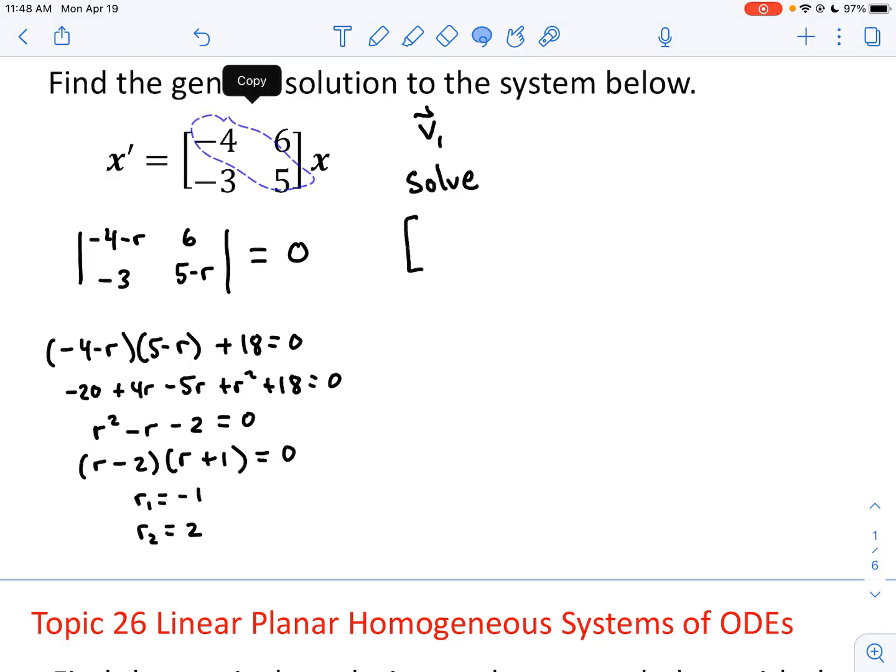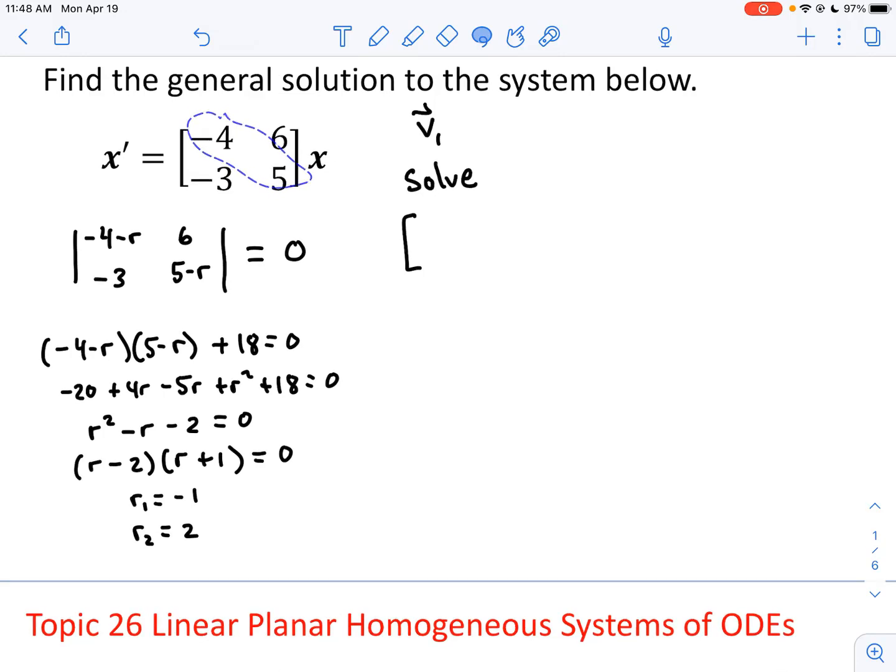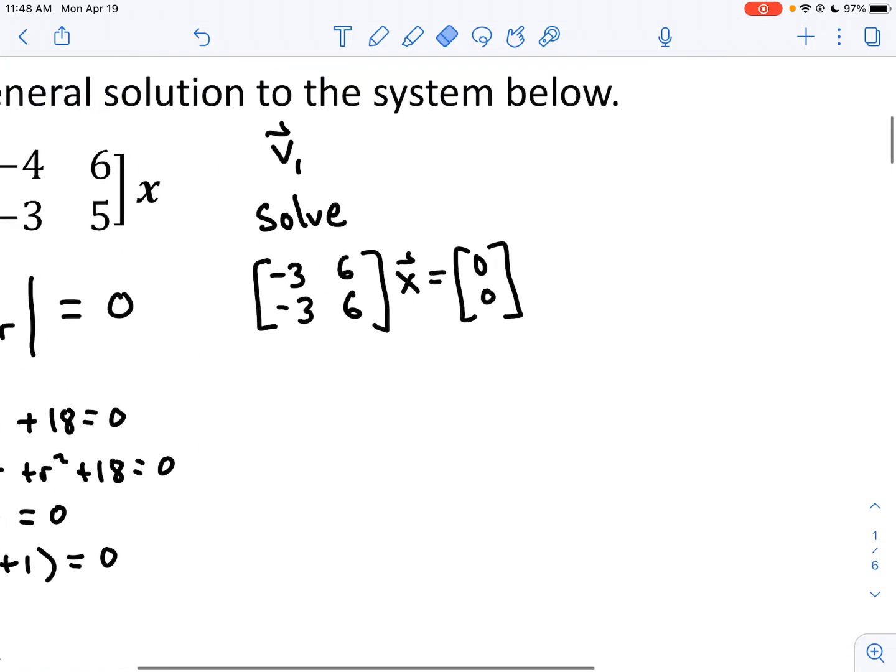Removing -1 is like adding 1. So our main diagonal would become -3 and 6, and the other entries stay the same. We're trying to solve this times some sort of vector x. It doesn't really matter what you write there, but you want this to be equal to 0. Any vector that satisfies this statement will be an eigenvector.